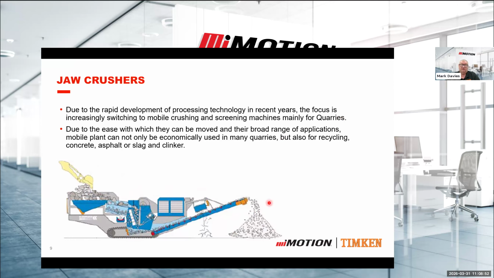So this could be daisy chained onto a mobile vibrating screen sitting here, and that will then sort the crushed rock into different sizes, as we'll cover a little bit later in this webinar. But it allows the quarry to have a very flexible system, and it's quite common these days.